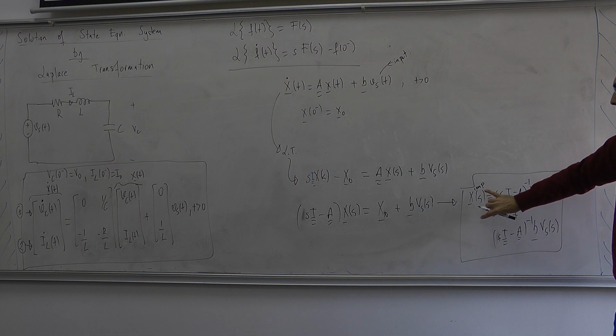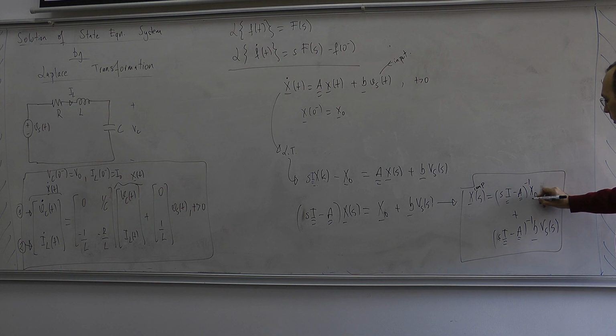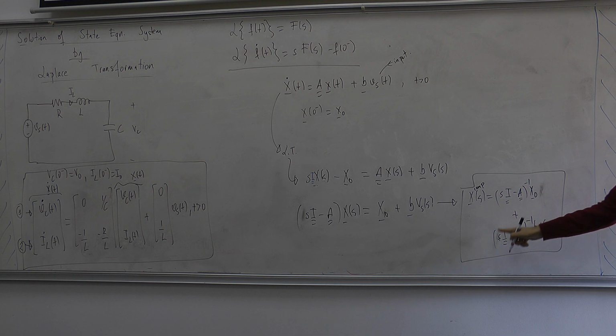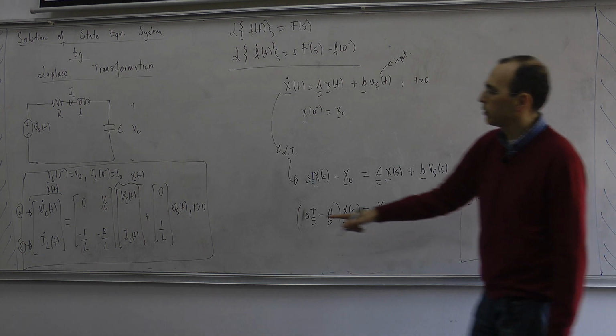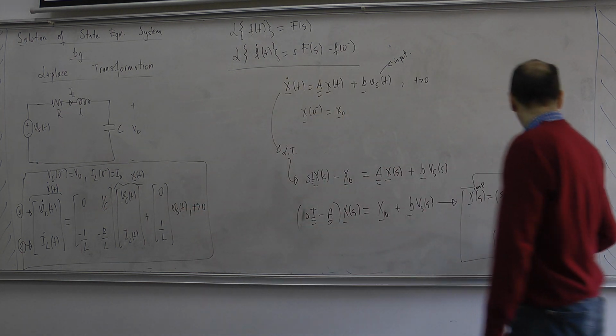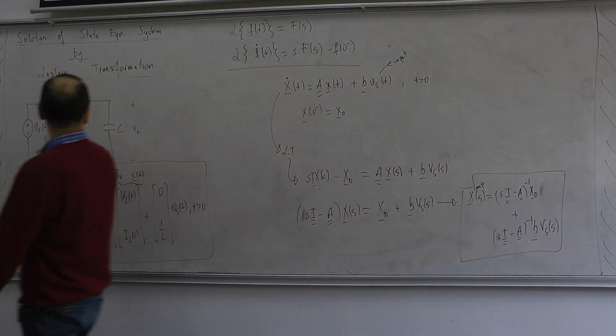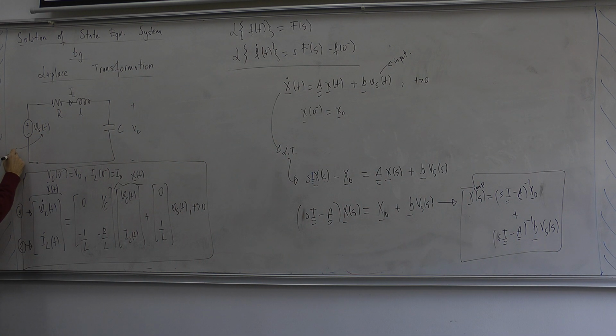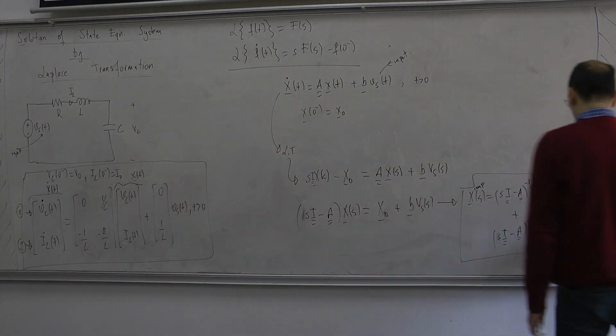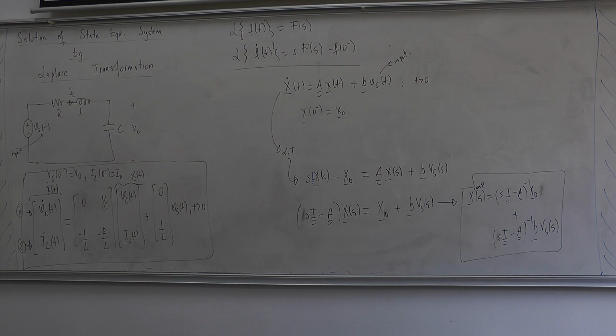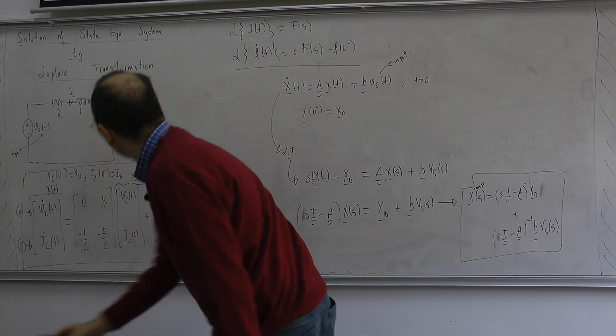So this is a two-element vector. This is a matrix, but it contains s as a variable, as you see. Similarly, this is the same matrix. This is the B vector over here, and Vs of s is our input, obviously, in Laplace domain. Inputs representation in Laplace domain.